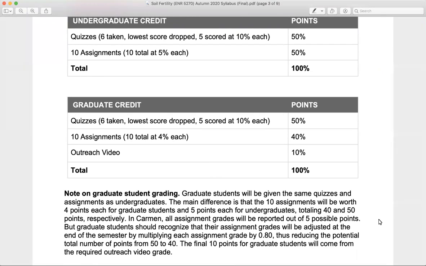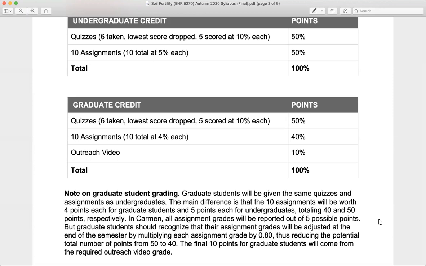So if you look at the distribution here for grad students, you can see it's the same 10 assignments, but instead of 5% or 5 points each, it's 4 points each. Okay, so I don't have the technical know-how, or really I don't think a good ability to do that in Carmen. So we're essentially going to make a big adjustment at the end of the semester.